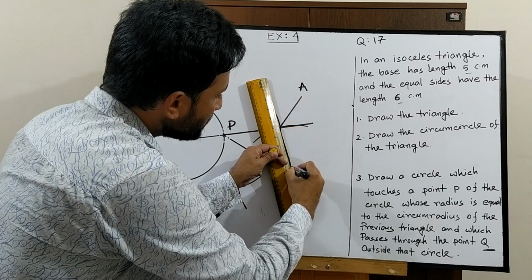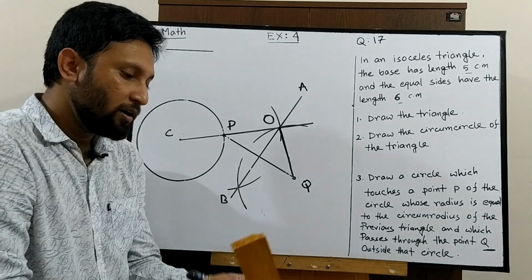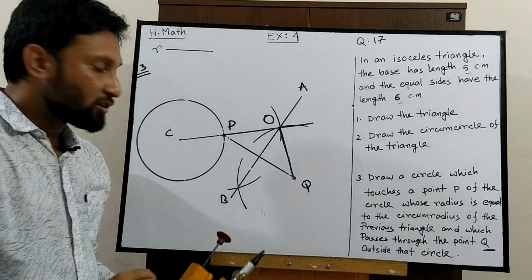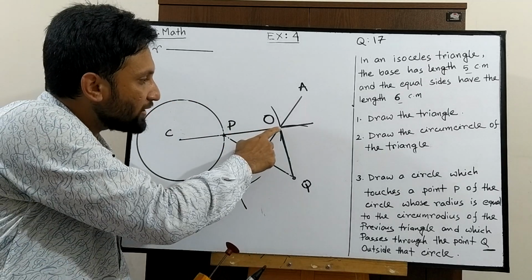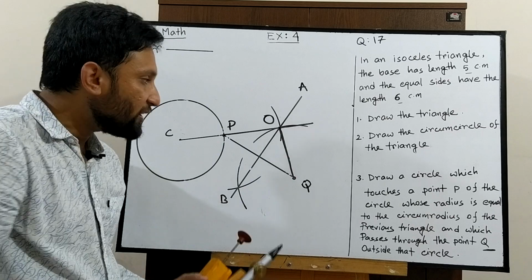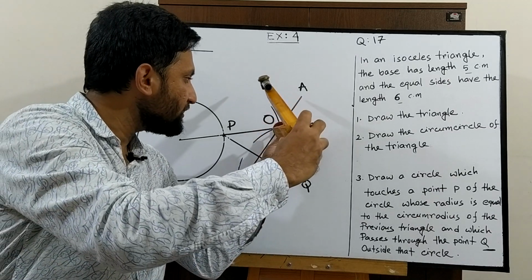Okay. Now by compass, consider O as a center and consider OP as a radius. Draw another circle.